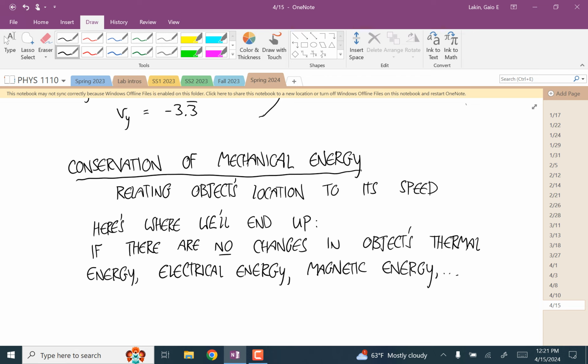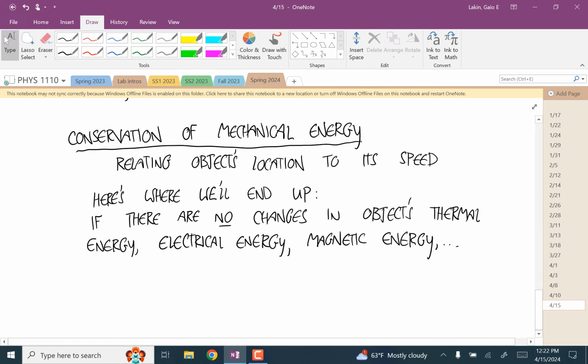It has to do with temperatures, electricity, all this stuff. Well, we're not talking about that stuff. So if we're thinking of objects that don't have any of that really going on, like an object just rolling down a hill, or an object that you pull back a spring like a pinball game and shoot, there's no changes in electricity or magnetic stuff or heat or anything like that in an object like that.